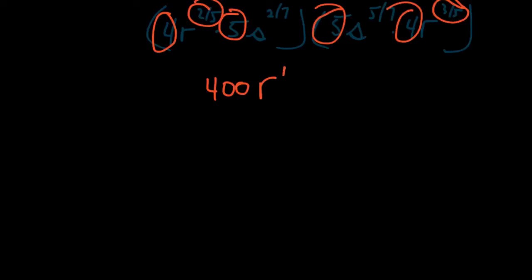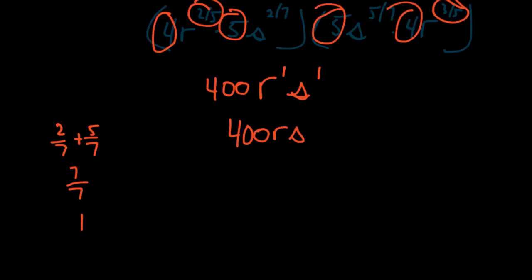So it's just r to the 1. S to the 2/7 plus 5/7. Same thing, 2/7 plus 5/7 is 7/7, which is 1. So it's s to the 1. So the final answer to this is 400 RS.